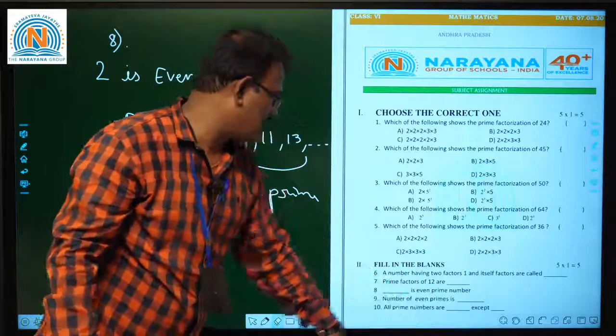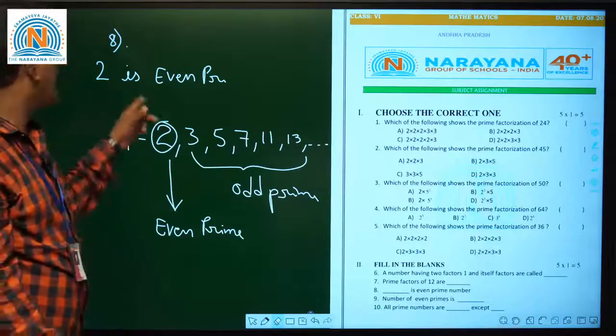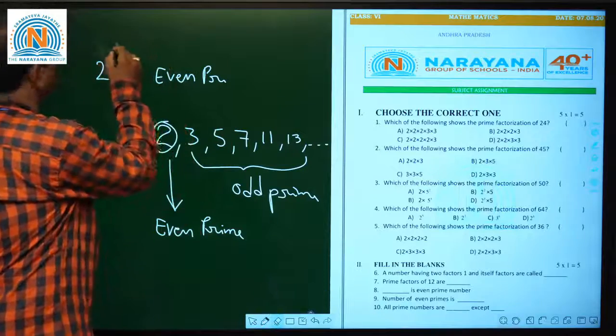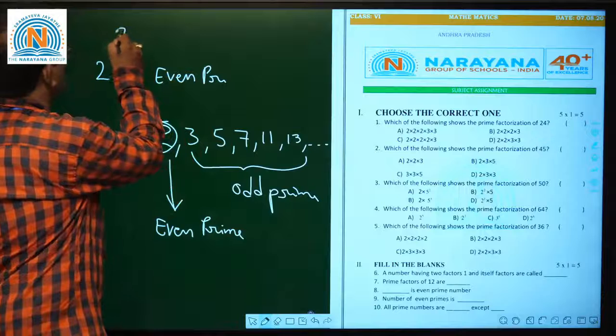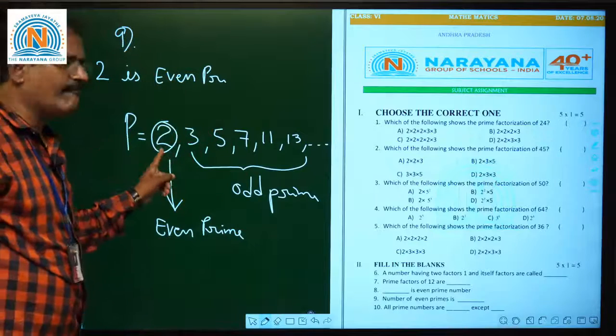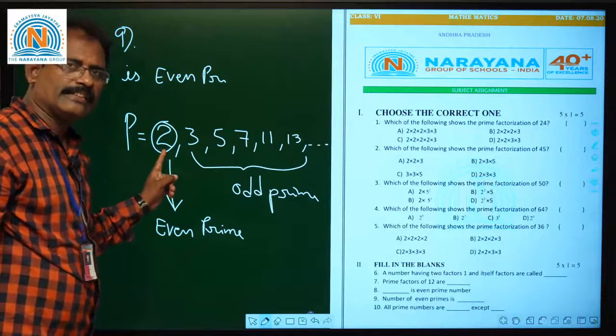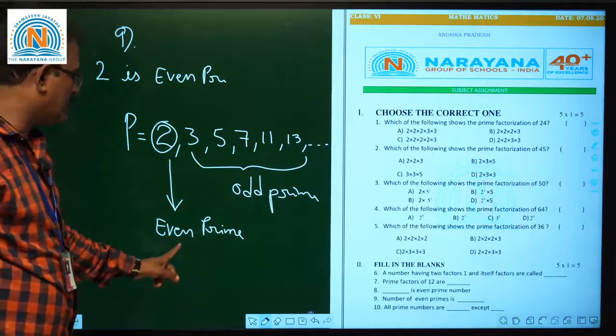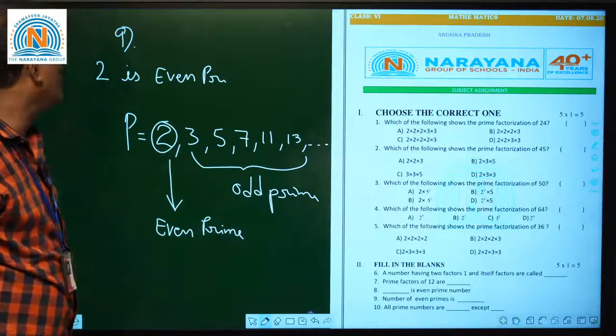And our next question, children: number of even primes. As we consider 2 is even prime, in the set of prime numbers we have only one number which is even, which is nothing but 2.